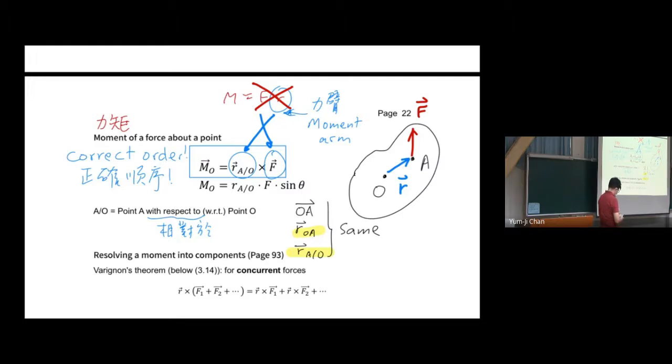So here I would write R A with respect to O. Remember, moment is equal to R cross F. R first and then F.